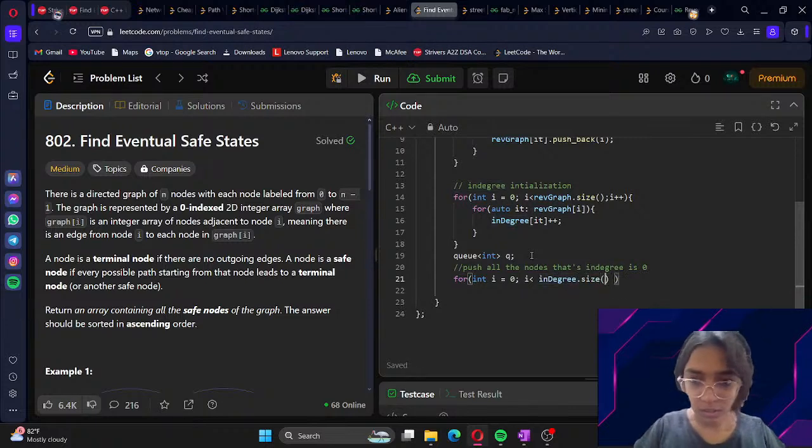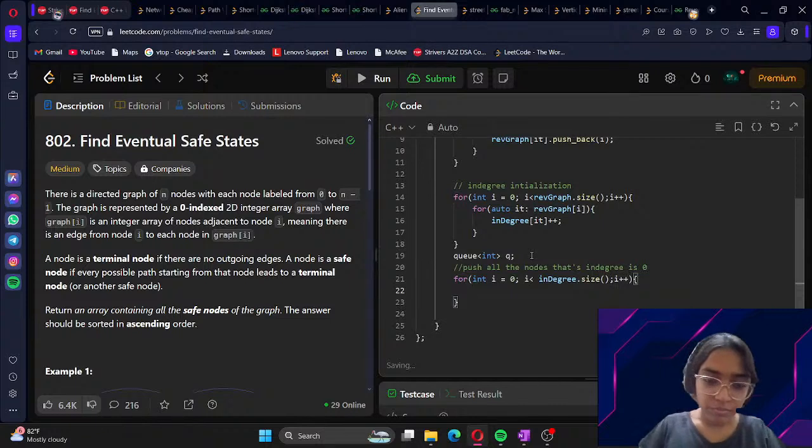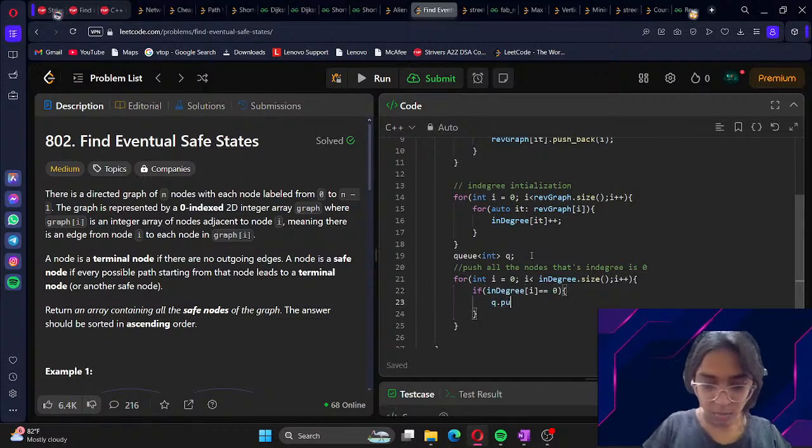For i equal to 0, i less than in-degree dot size, i plus plus, if in-degree of i is equal to 0, q dot push of i.